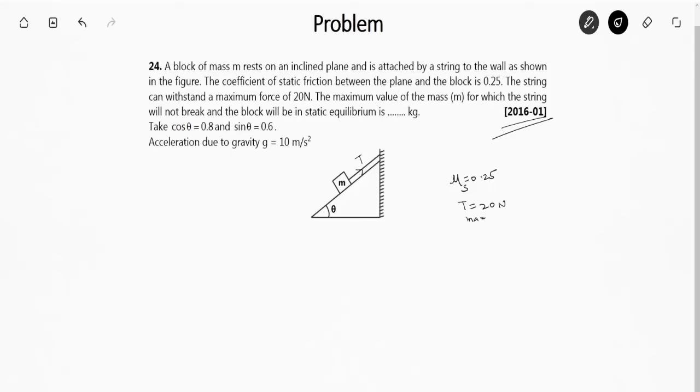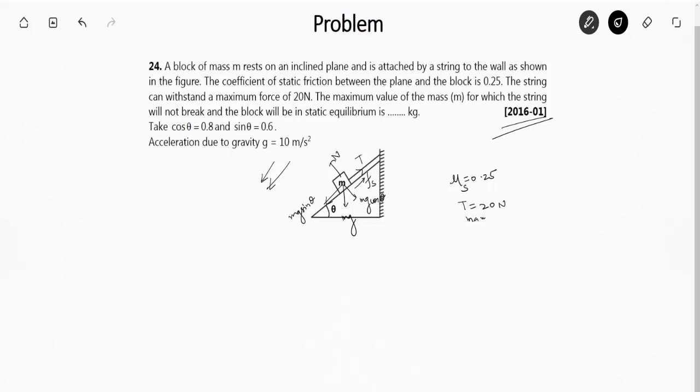Find the maximum value of the mass for which the string will not break and the block will be in static equilibrium. So first of all, I will draw the FBD. This is mg, the weight in the downward direction vertically. This is mg cos theta, the component of weight perpendicular to the plane, and this will be the normal direction. Since the body has a tendency to move in this direction, the friction will come in this direction because it is resisting.